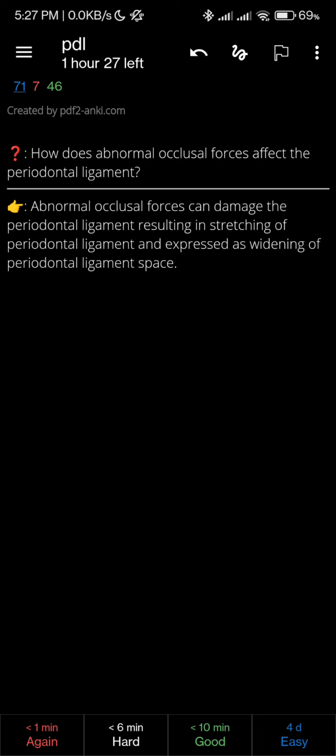Abnormal occlusal forces can damage the periodontal ligament, resulting in stretching of the periodontal ligament, expressed as widening of the periodontal space.